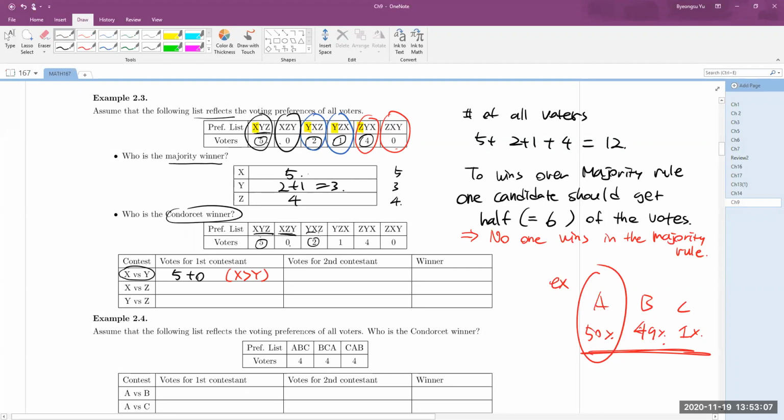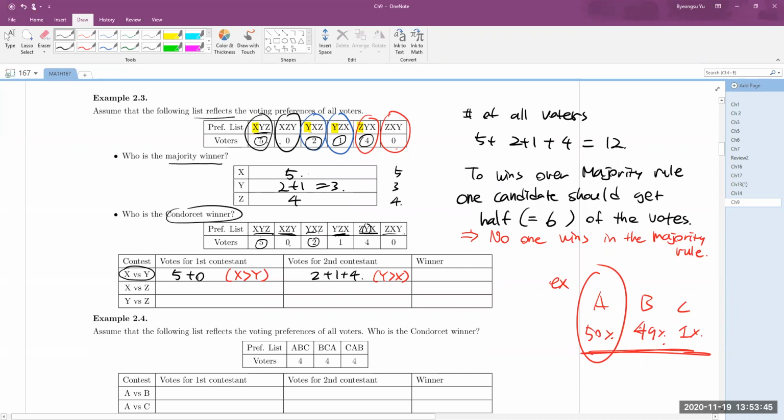Well, they prefer Y to X. So there should be 2 voters who think that Y is greater than X. And again, in Y, G, X, at least 1 voter thinks that Y is preferable to X, so you need to add 1 in here. And for case G, Y, X, it also means that they prefer Y to X, so you need to add 4 in here.